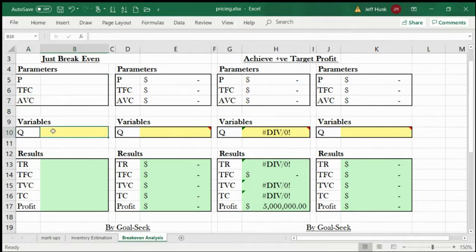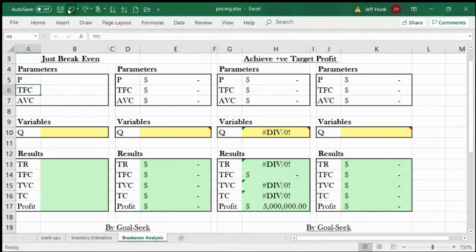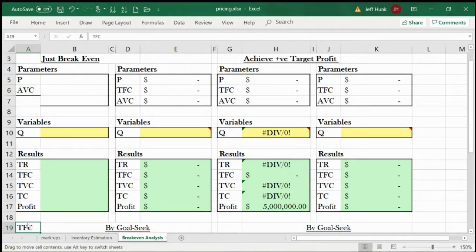This is basically given. Let me switch this around. This looks better because price and average variable cost are right next to each other.